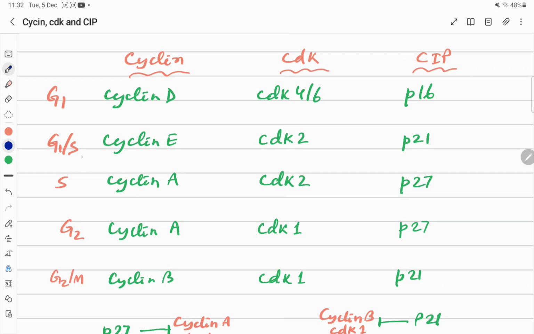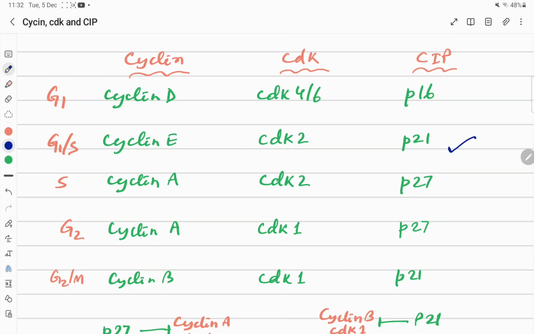Then in the G1S cyclin, which helps in moving the cell from G1 phase to S phase, that cyclin is Cyclin E. It binds to Cdk2, and the Cdk inhibitor protein is P21.